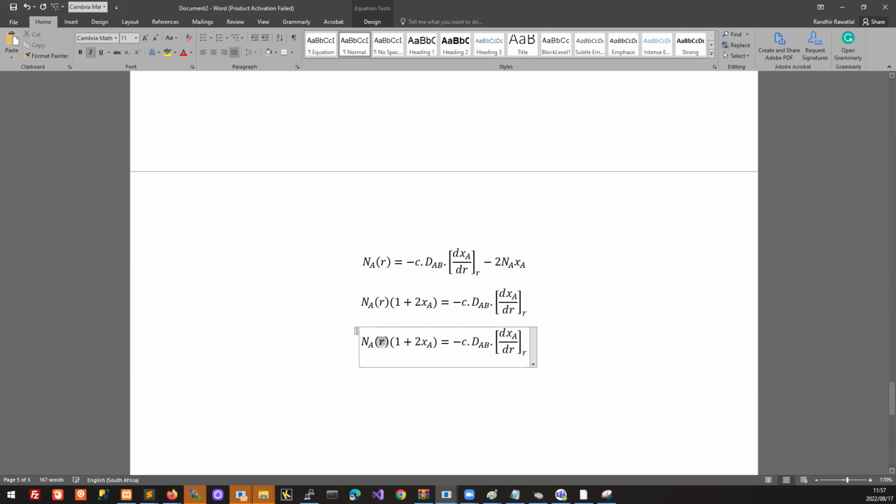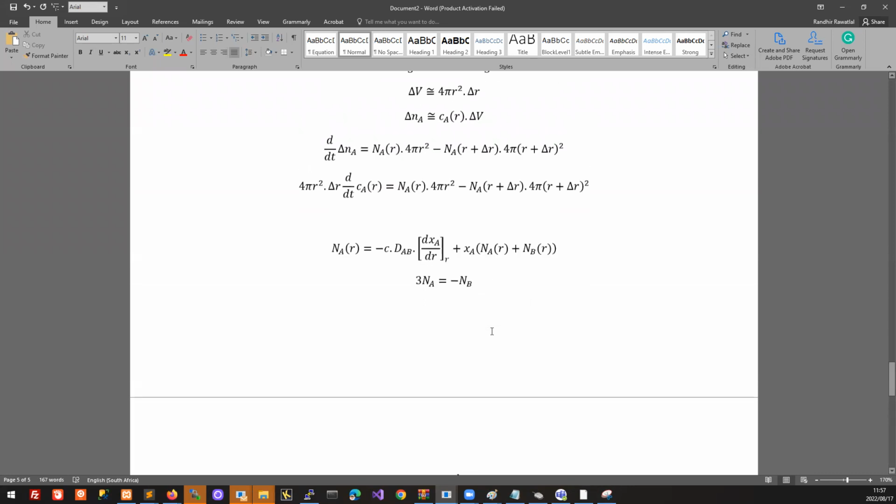So NA as a function of R, we're going to divide here. Right, so that's the expression, and we could emphasize that XA is a function of R. So that's what we have.